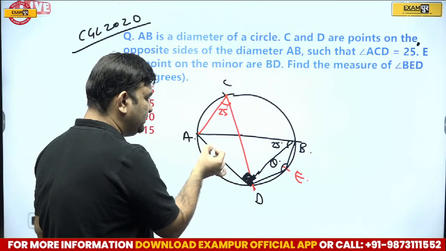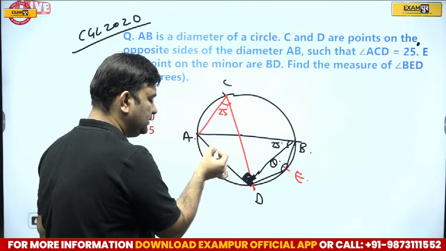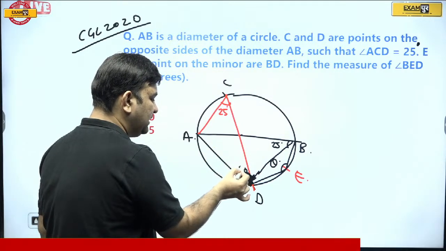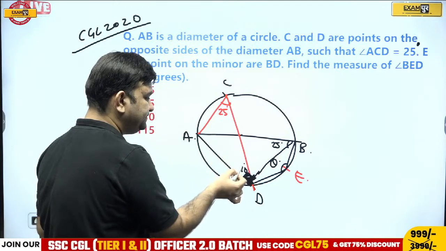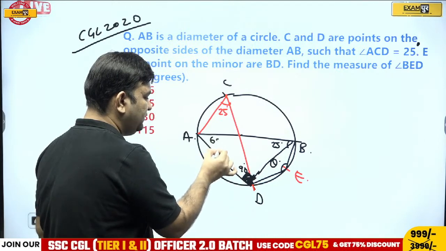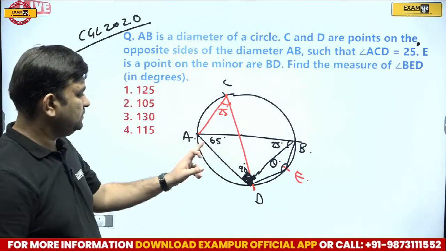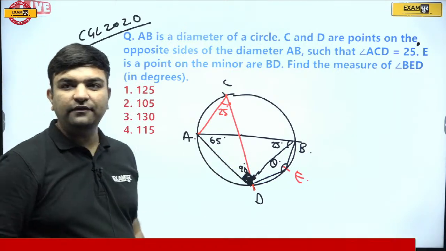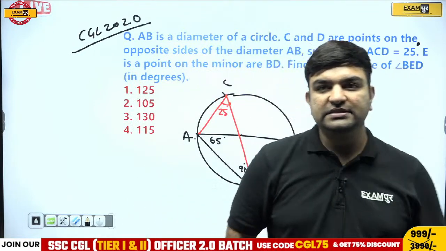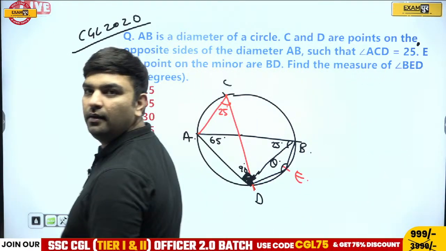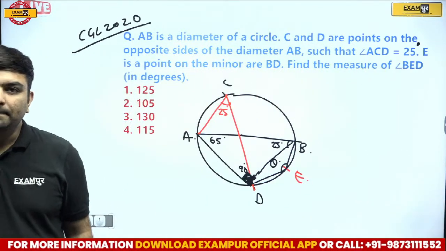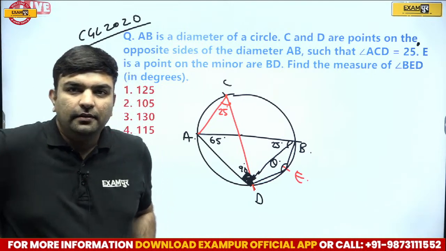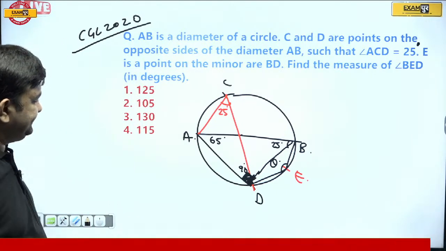So if this is 90 and this is 25, then this becomes 65. Perfect.